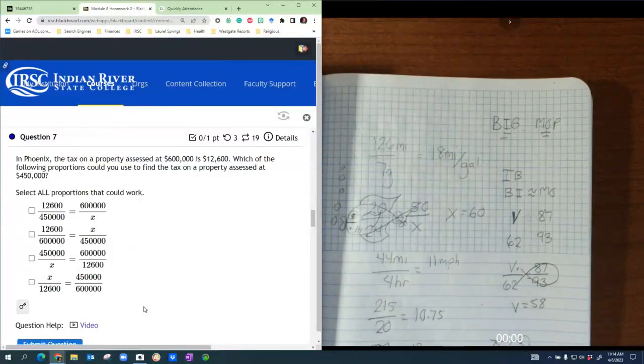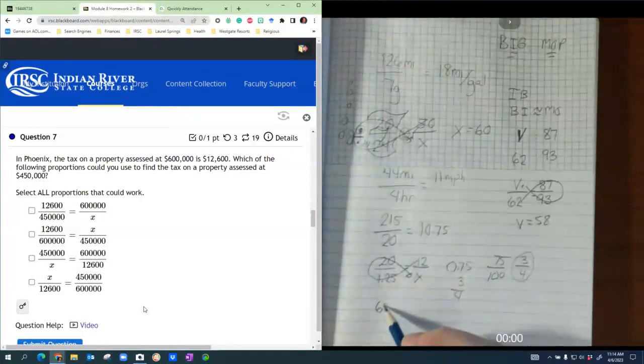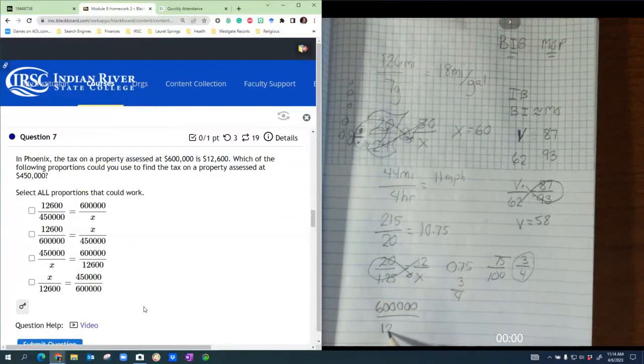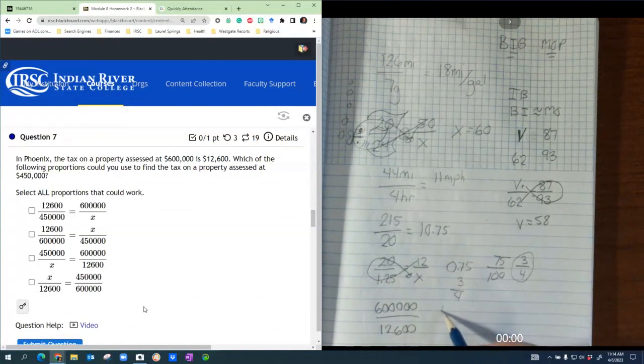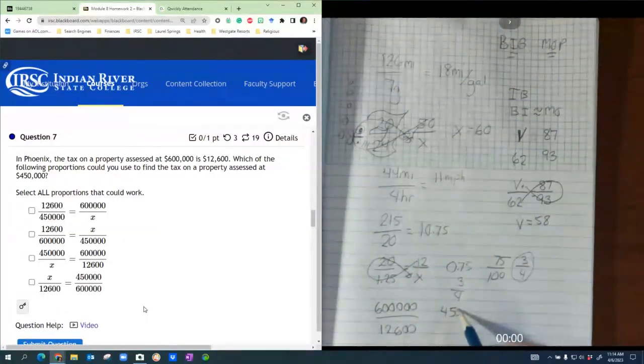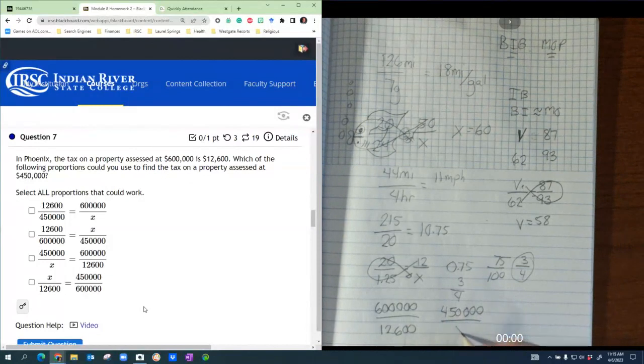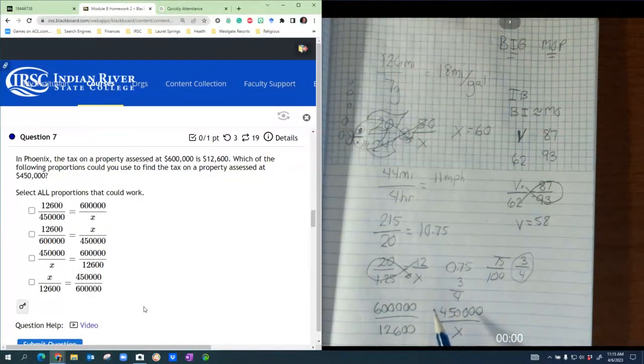So what we do is we have a couple different ways of writing this, but we can go ahead and look at $600,000 is assessed at $12,600. So we're looking at then 450,000. How much is the property tax associated with that? And we have question mark or X. We don't know. So we're going to look for that.